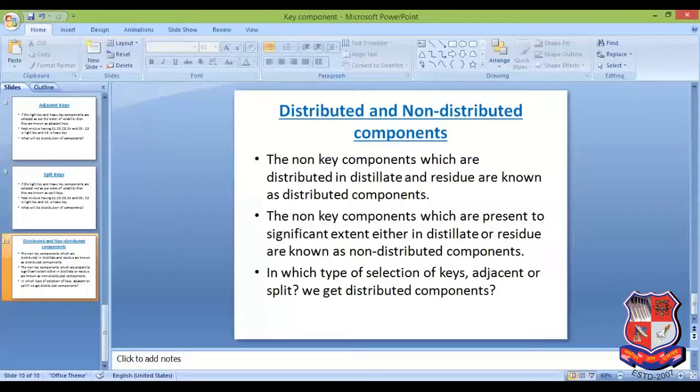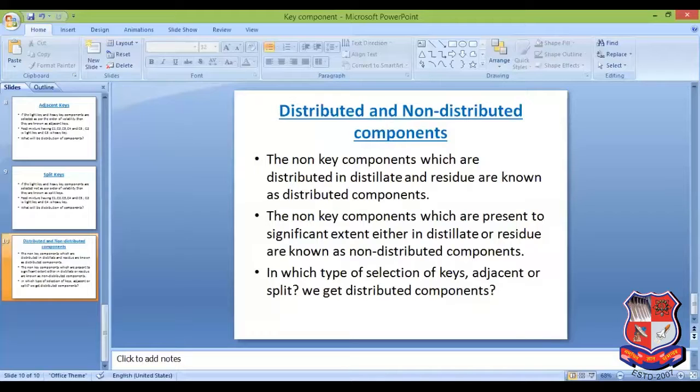The last concept: distributed and non-distributed components. In a multi-component distillation, we choose two components as key components, light key and heavy key. The remaining components are non-key components. The non-key components in the feed mixture which are distributed between distillate and residue are known as distributed components. Light key and heavy key are always distributed between residue and distillate, right?